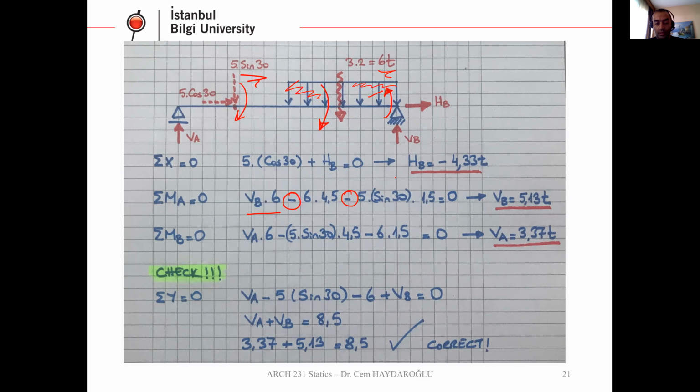So here we have only one unknown, as you can see, which is VA, and it's 3.37 tons. So now we have all unknowns, all 3 unknowns.